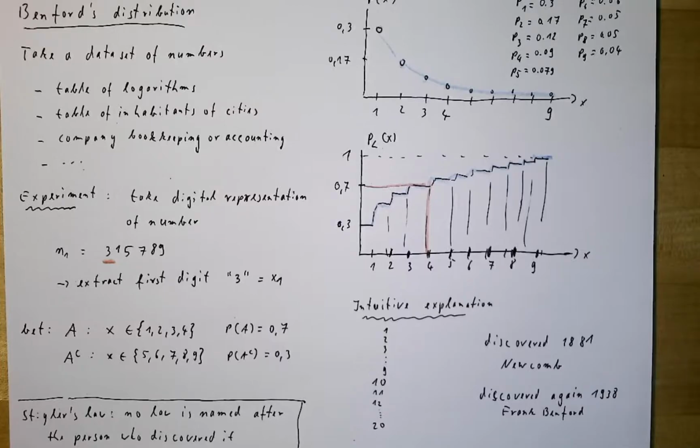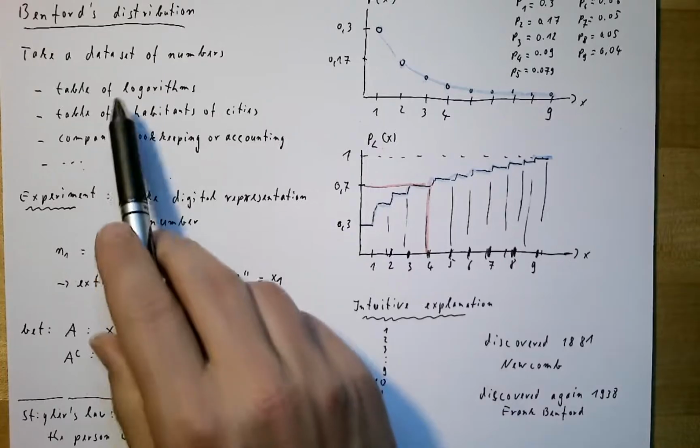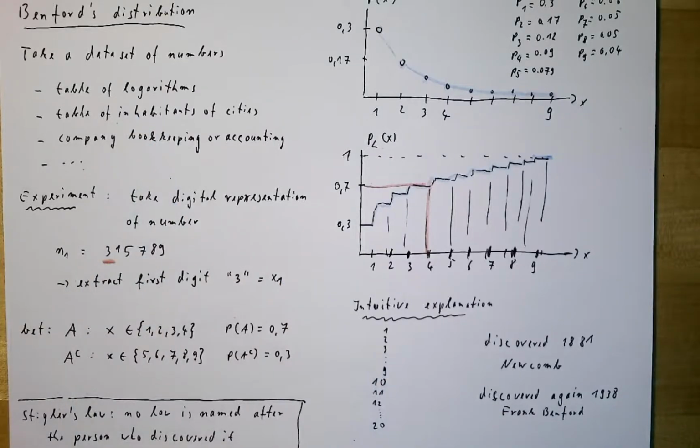Maybe some historic anecdote. This law was discovered by Mr. Newcomb in 1881, in fact in tables of logarithms. Newcomb found that in such a book, the pages were used differently. Some pages still looked very new, and some pages were used quite often.